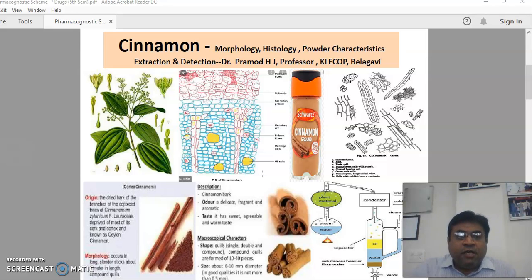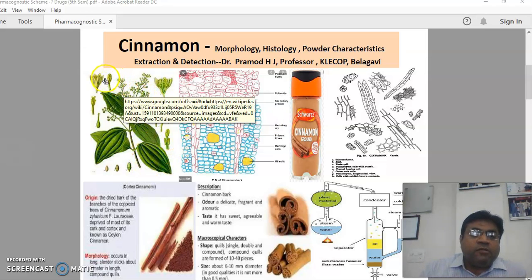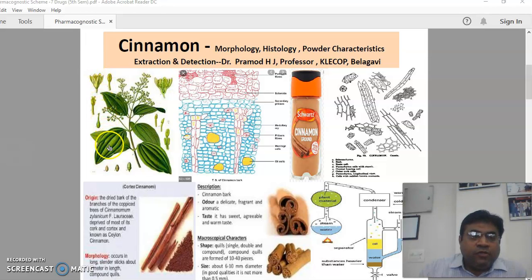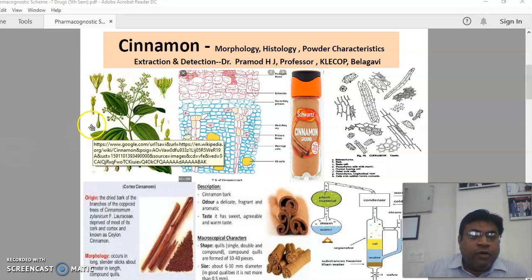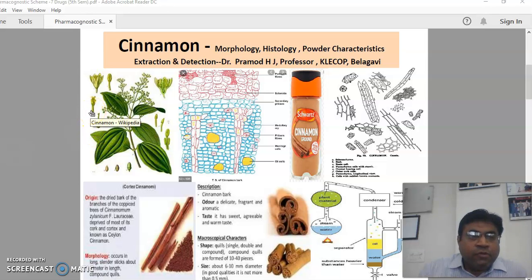With this you can see the leaf of the particular cinnamon, which has branches, and the trees are around 2 to 3 meters in height.